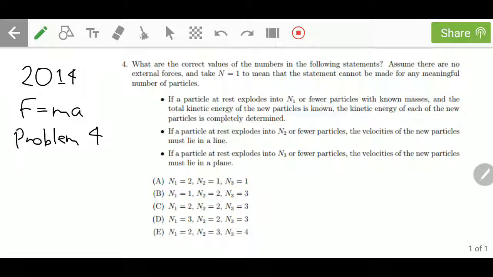So the first condition reads, if a particle at rest explodes into n1 or fewer particles with known masses, and the total kinetic energy of the new particles is known, then the kinetic energy of each of the new particles is completely determined.